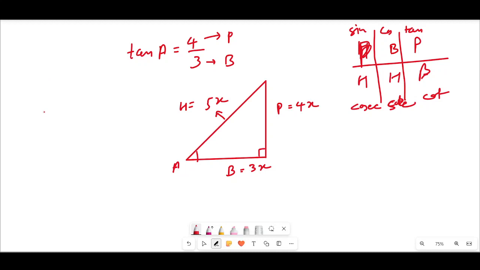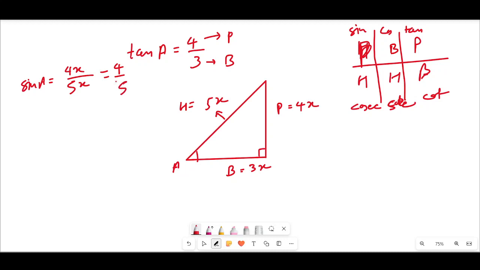Now, what are the other ratios? Sine A is perpendicular upon hypotenuse, cos A is base upon hypotenuse, tan A is perpendicular upon base. If you have information about sine A and cos A, you will be able to find any other remaining ratio. Now sine A is P by H, 4x by 5x, which is 4 by 5.